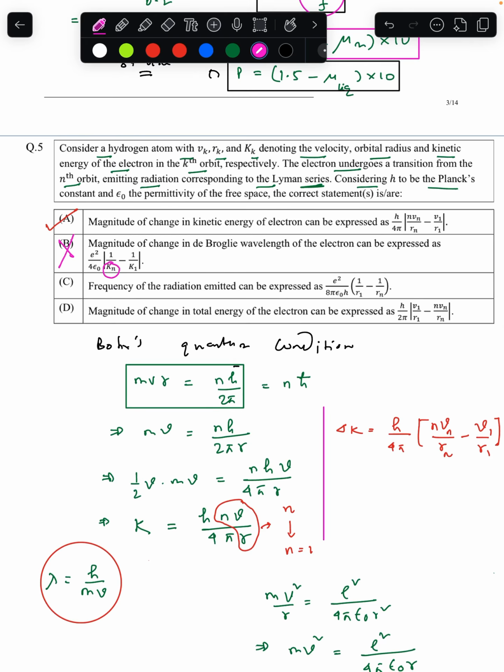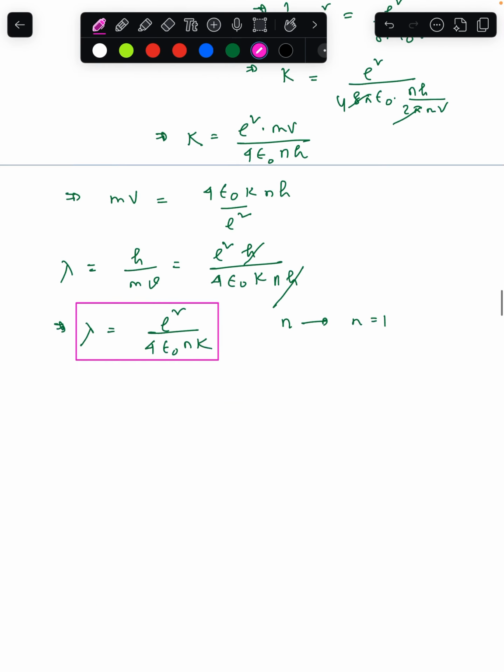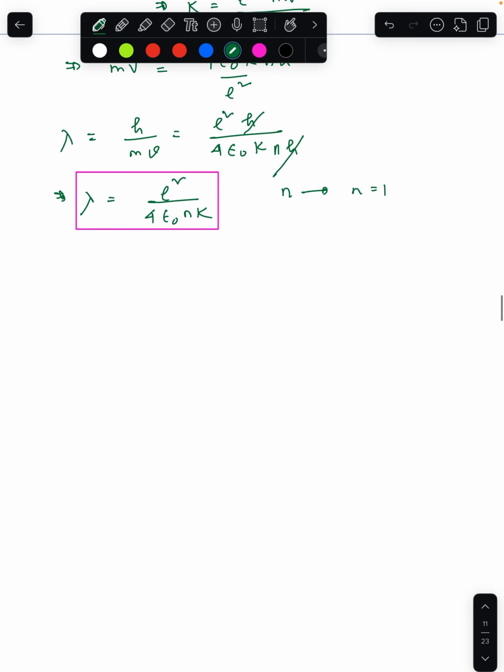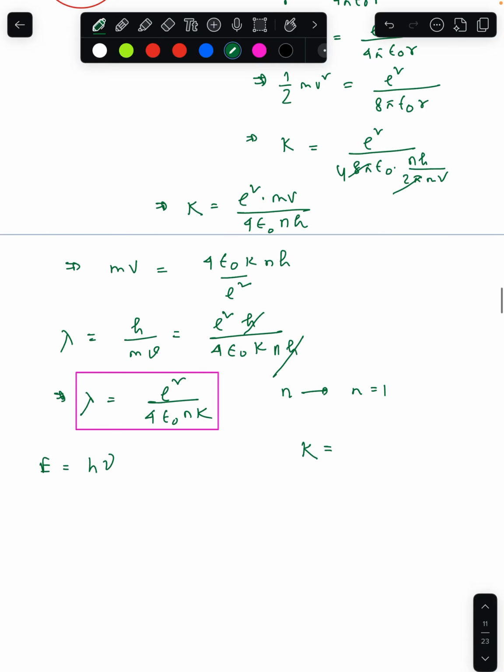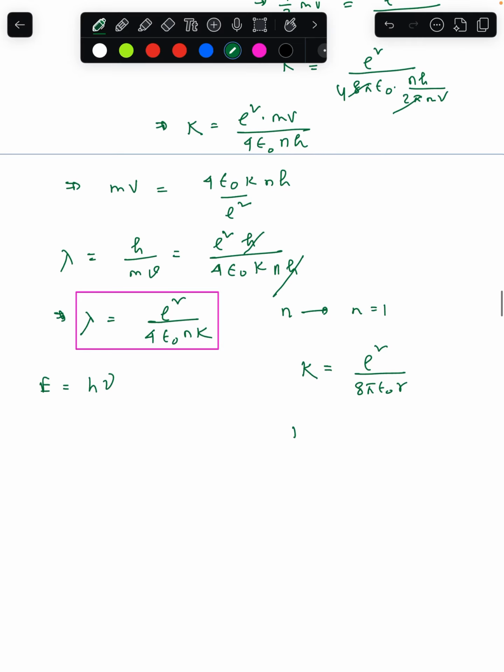Next, they are talking about the frequency of the radiation emitted. For the frequency of the radiation emitted, energy E, we have to simply substitute h into nu, that is the frequency of radiation. So K, kinetic energy, we got K is equal to E square by 8 pi epsilon naught into R. All of you must remember that kinetic energy is numerically equal to total energy, in magnitude.